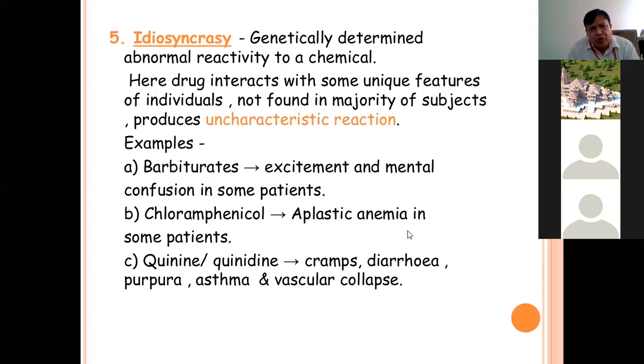Only a few persons are sensitive to that particular drug or medicine. Examples are barbiturate: excitement and mental confusion in some patients, not all patients, but in some patients you can see this.